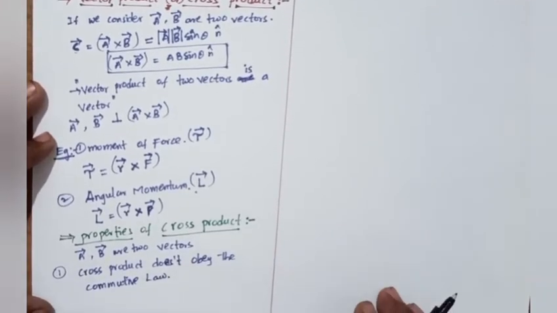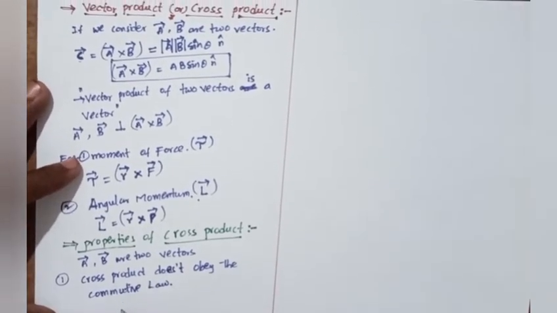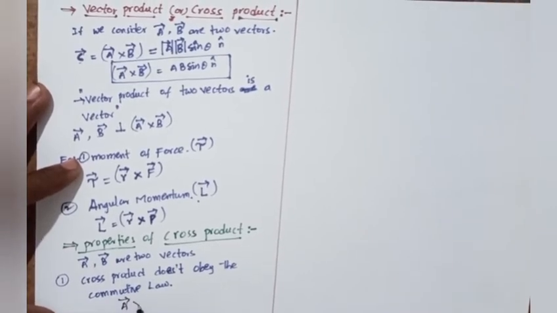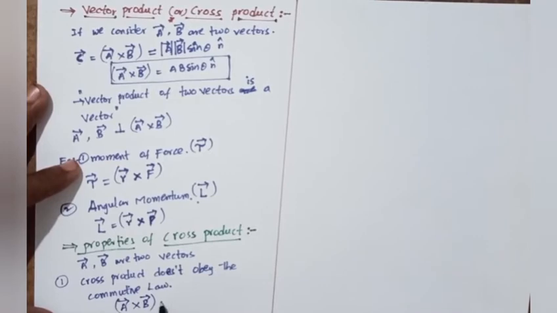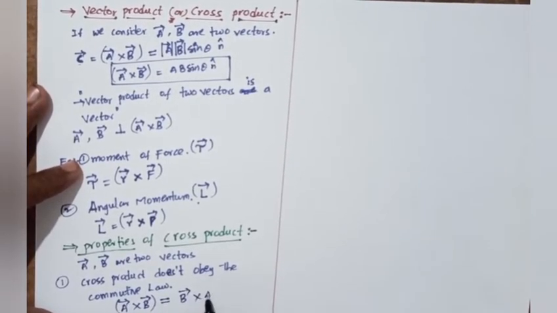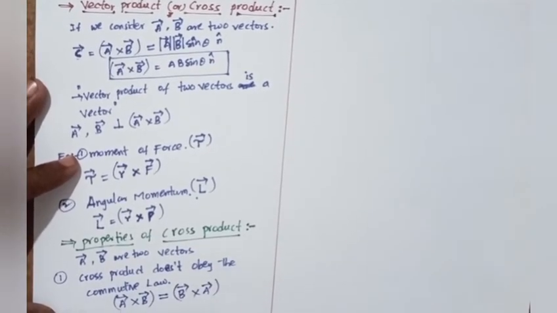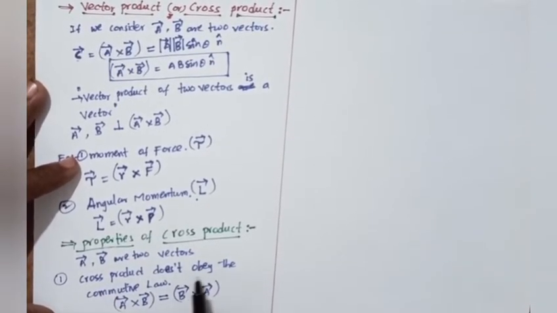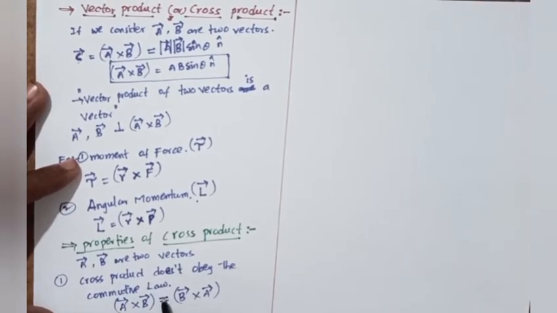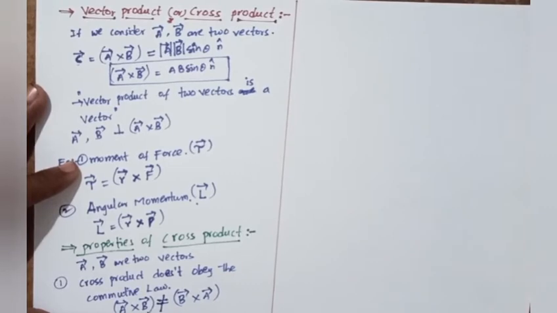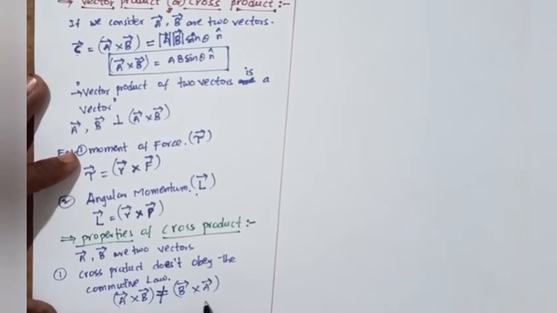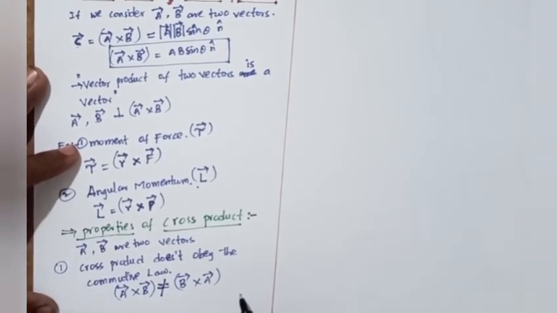So what is the commutative law? a bar cross b bar equals b bar cross a bar. But the cross product doesn't obey the commutative law, that is, a bar cross b bar is not equal to b bar cross a bar.